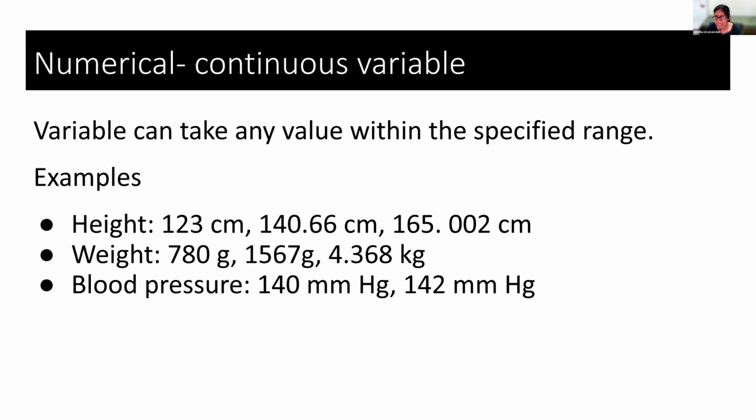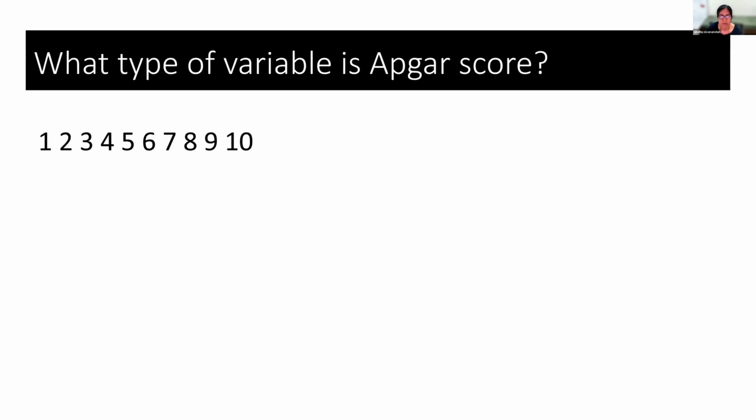For example, height, 123.53 centimeters, still has a meaning. Similarly weight, blood pressure. These are continuous variables. They can take any value within the specified range. So now, what type of variable is Apgar score?